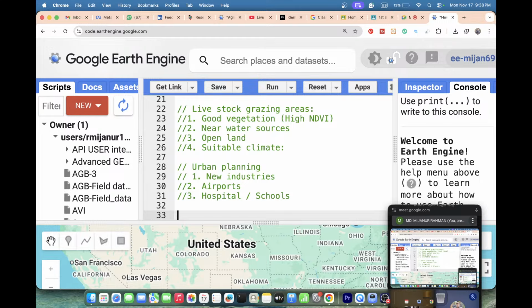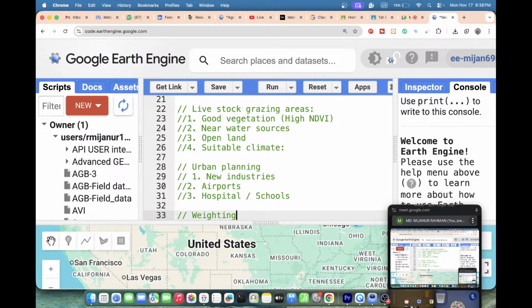So now, how can I set the weight? It's very important. It's called weighting. So let's discuss that. Weighting basically means that factors do not have equal importance.